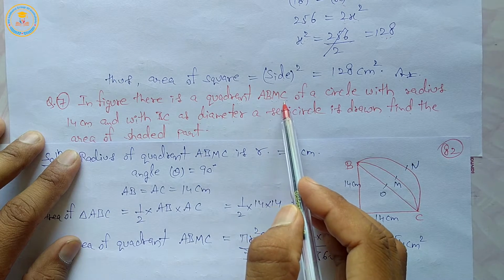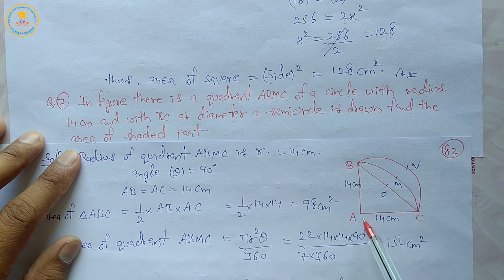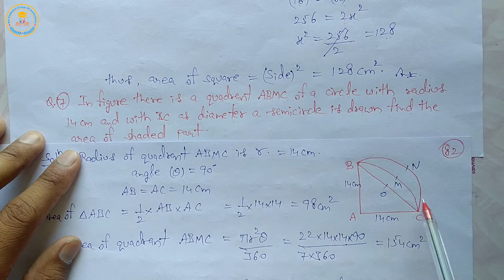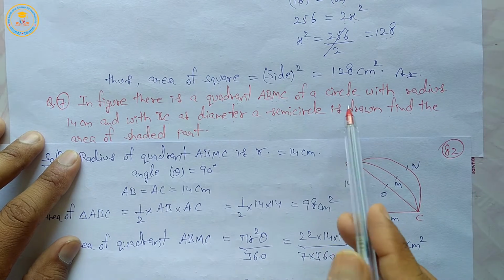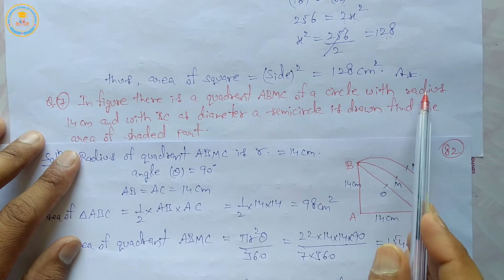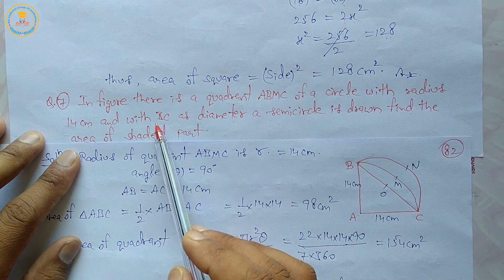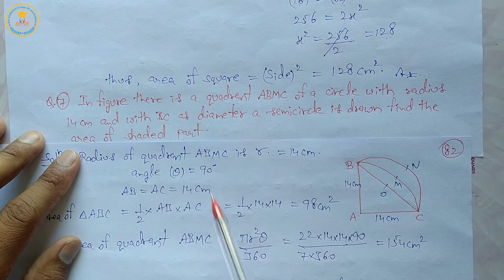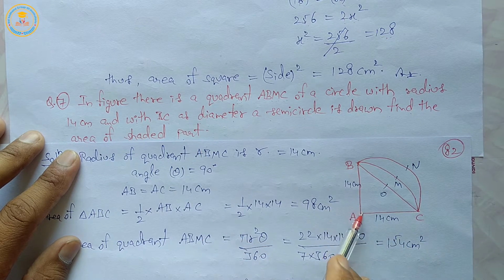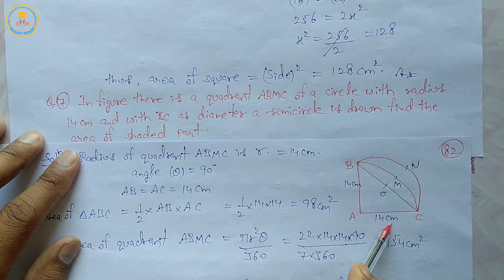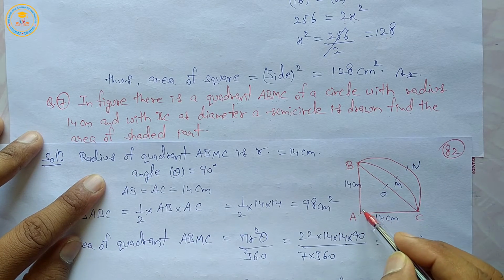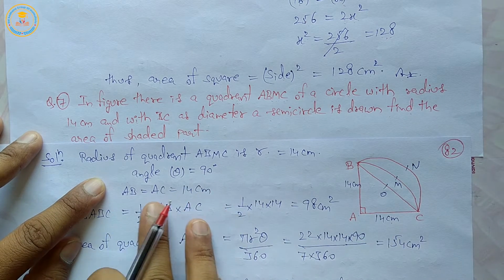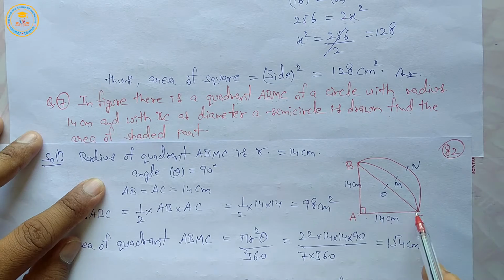Quadrant ABMC means one quadrant with radius 14 centimeter, so the radius is given as 14 centimeter. The angle is given as 90 degree, a right angle. AB equals AC.